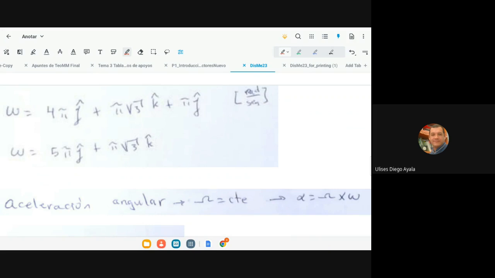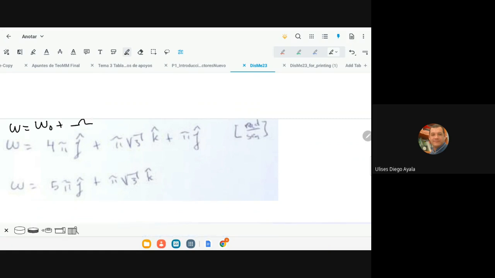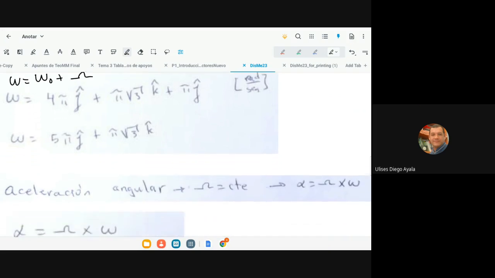And then I add omega sub 0 plus omega, put everything in the same axle, and I get to this value.